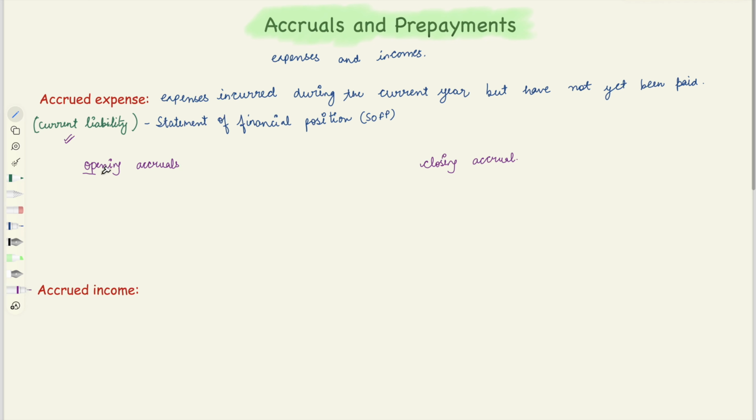Opening accruals means expenses that were incurred last year but were not paid in the last year, and were paid during the current year.